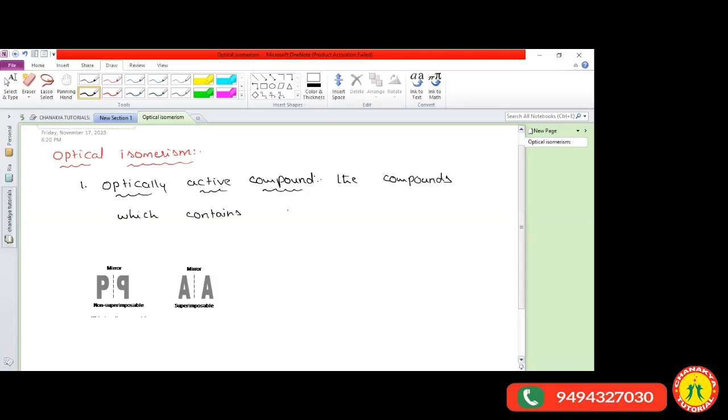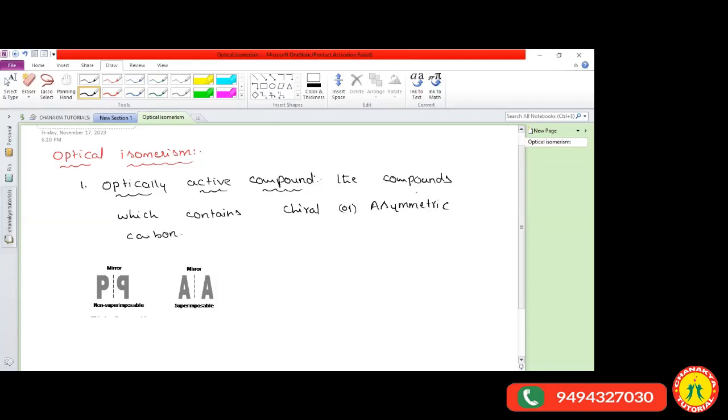chiral center, chiral or asymmetric carbon.